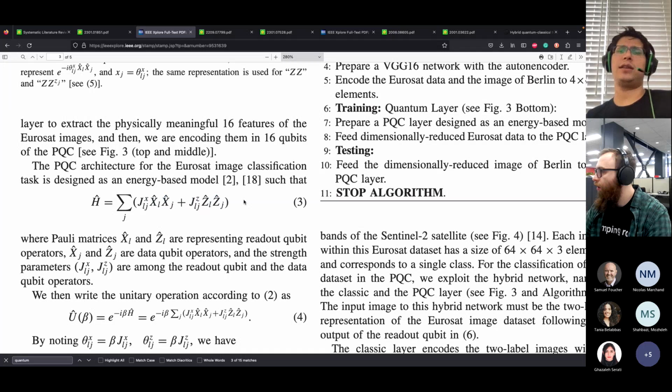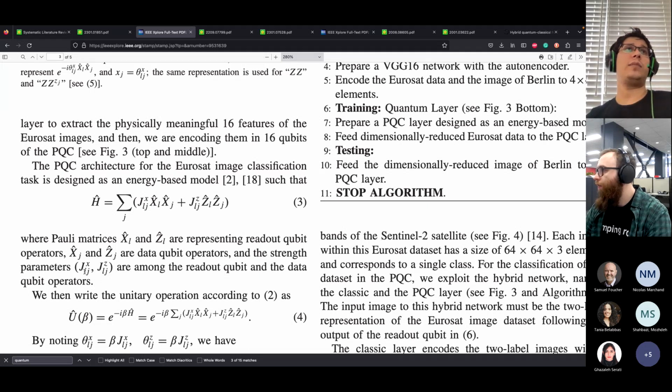At least the first time I saw this was in quantum chemistry, where you need to measure the quantum state of molecules on different axes to have the expectation of the energy of the molecule. Here the idea is something similar, but you don't have the analogy to the energy of the molecules.